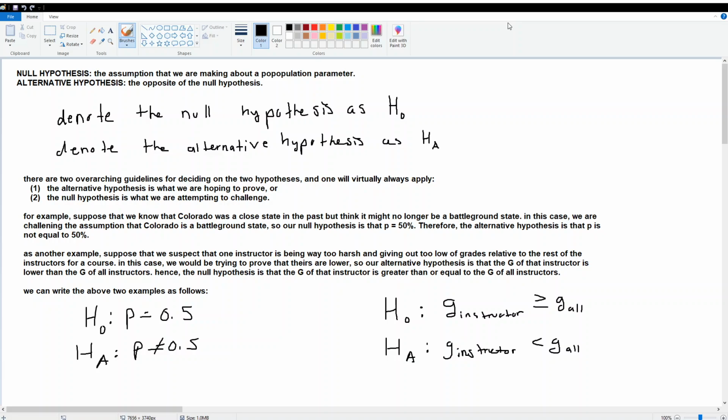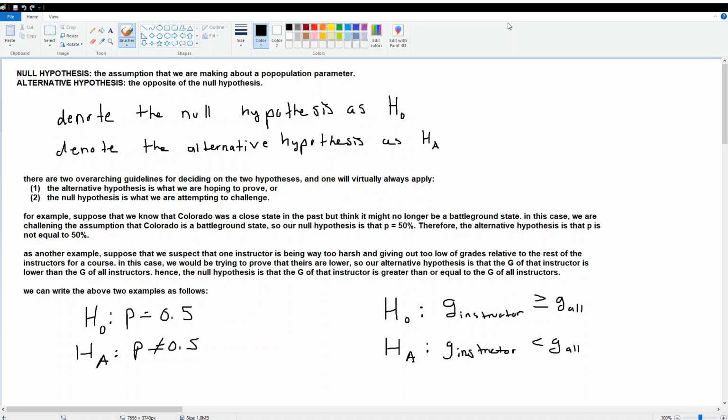So for here, we basically have our hypothesis and then the opposite of it. We call both of these hypotheses, and our null hypothesis is our assumption that we're making about some population parameter. So for example, we might assume that Trump will get 50% of the vote, so 0.5. The alternative is just the opposite of the null.